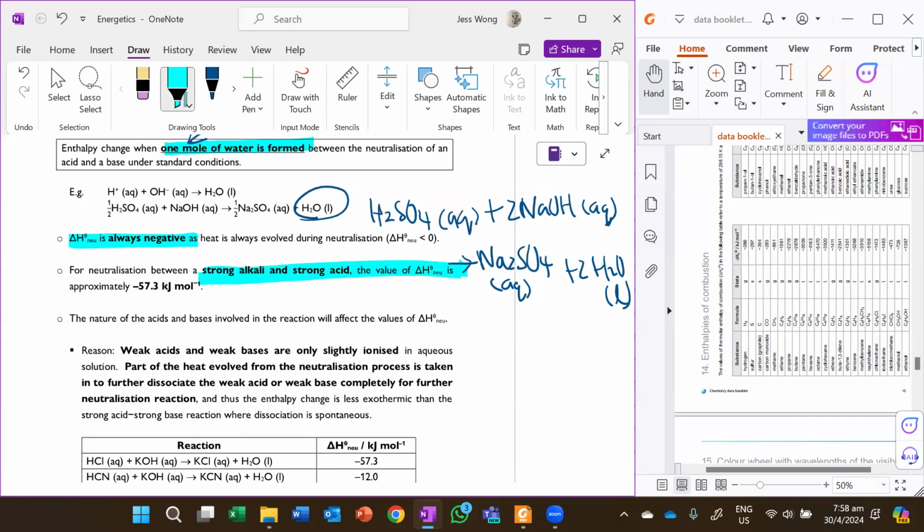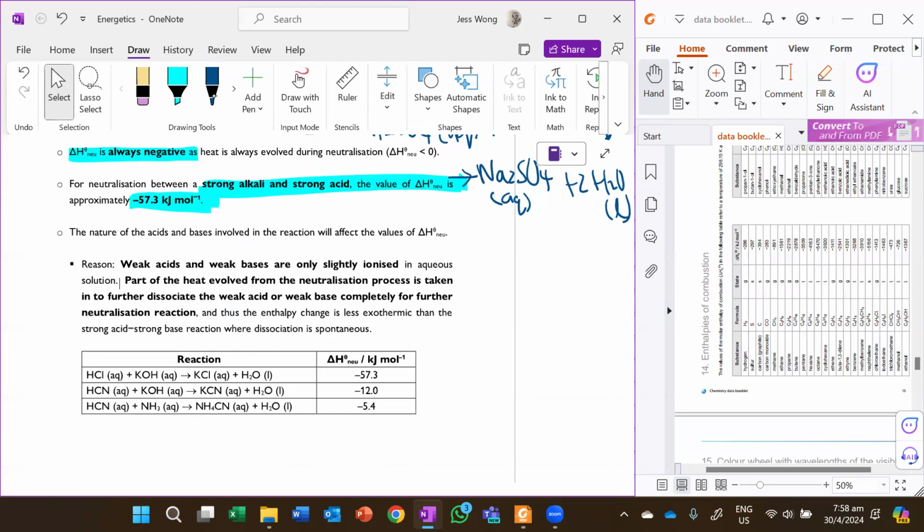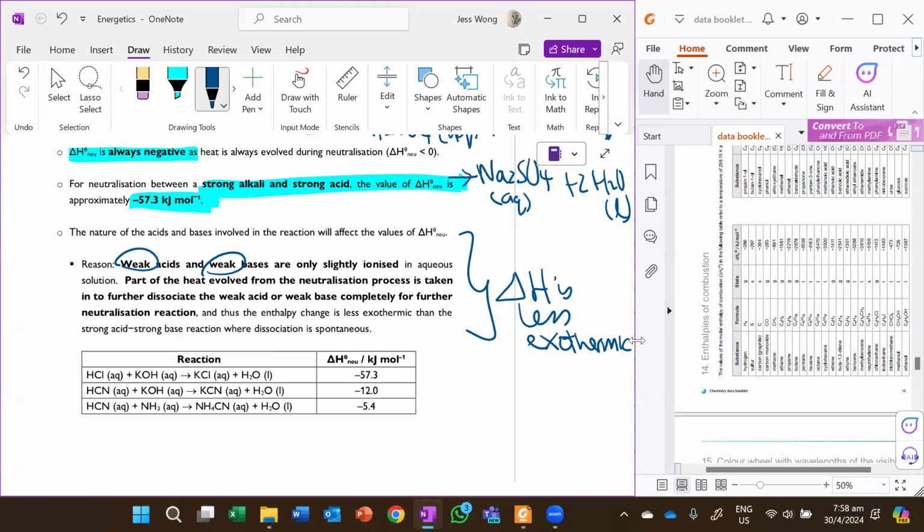Okay, but you will find that for neutralization involving weak acids or weak base or both, the enthalpy change of neutralization is less exothermic. So the nature of the acid will affect the enthalpy change of neutralization. When you have any of the component being weak, you'll find that your delta H is less exothermic. That means less heat is evolved during the neutralization to form 1 mole of water.